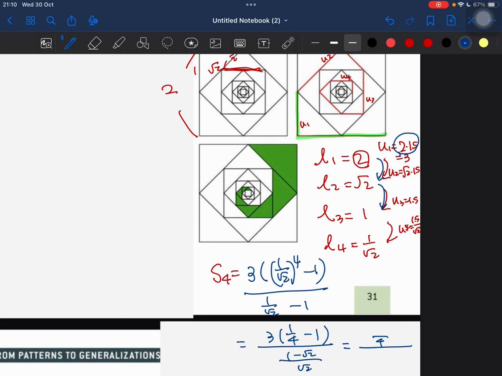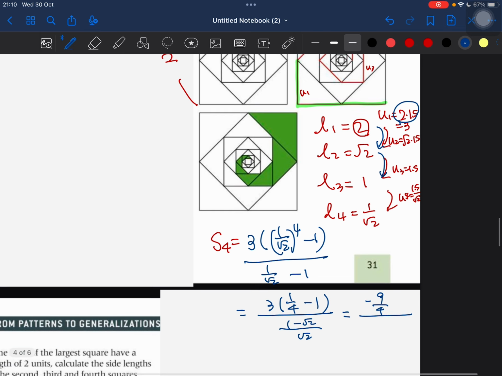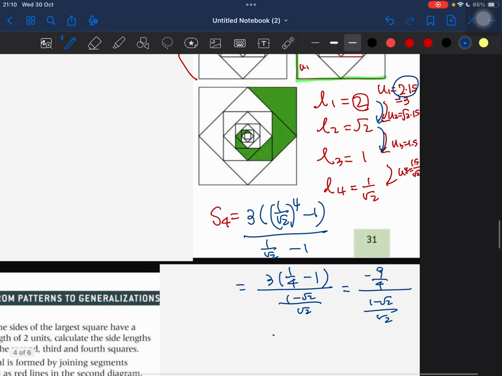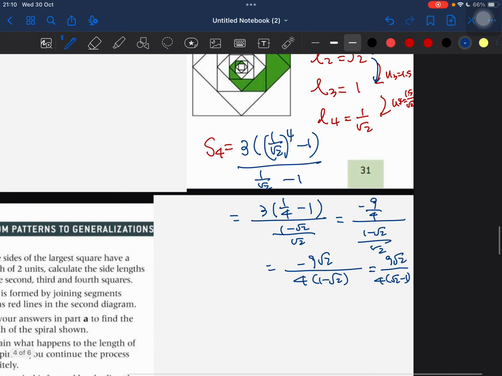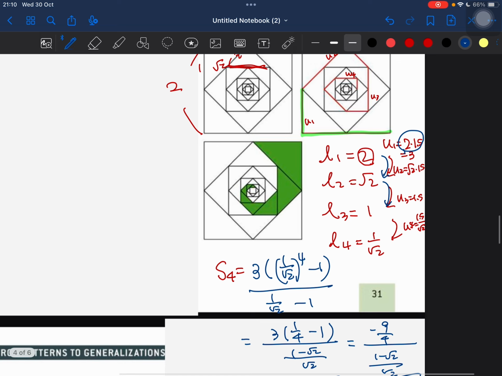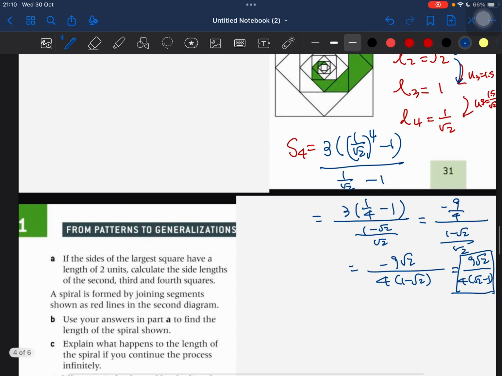So 4, negative 9, 1 minus square root of 2 over square root of 2. Just, I will write it like this. So this is the total length of the red lines.